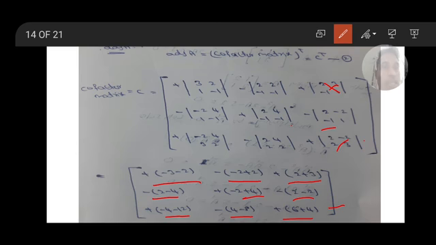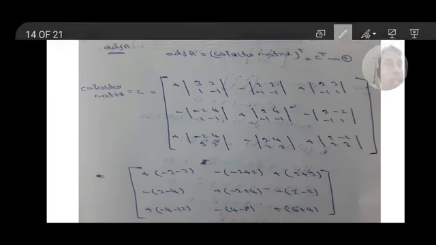So simplify this one, 3 minus 3 minus 2 is minus 5, it is 0, plus 5, 2 minus 4 minus 2 minus of minus plus 2, minus 2 plus 4 plus 2, 2 minus 2 is 0 and minus 4 minus 12 is minus 16, 4 minus 8 is minus 4, already minus there, minus of minus plus 4, 6 plus 4 is 10. Okay, that is the cofactor matrix.